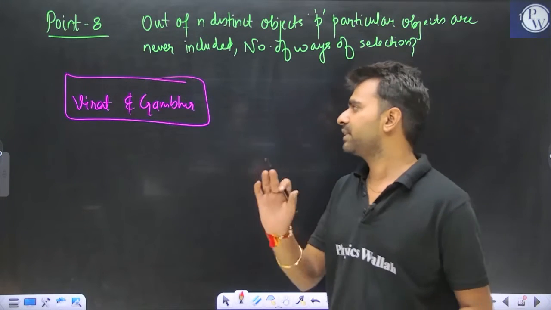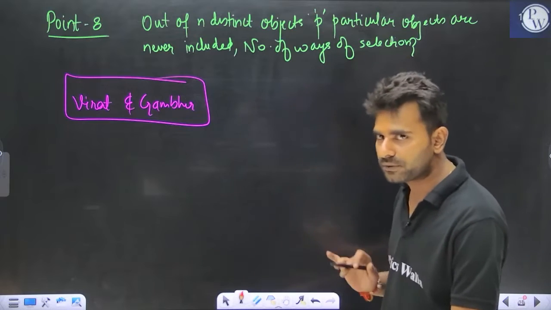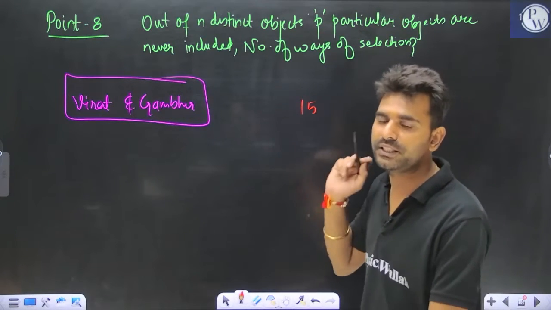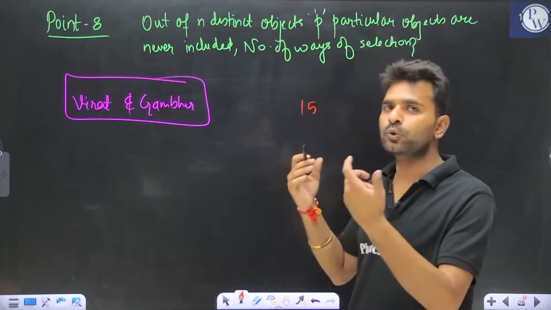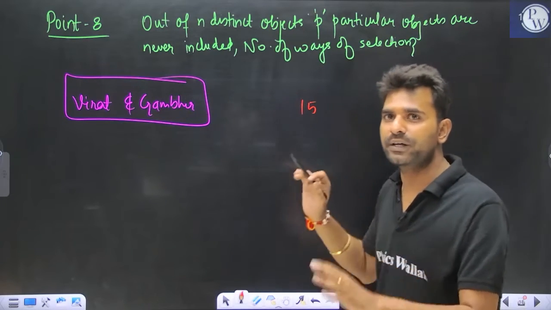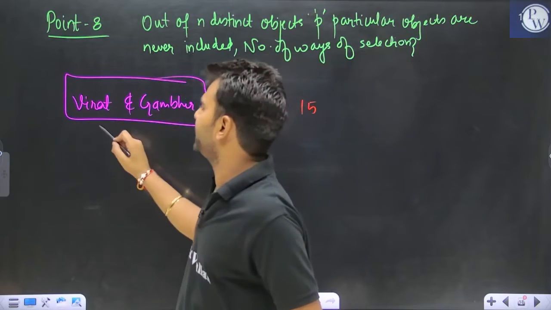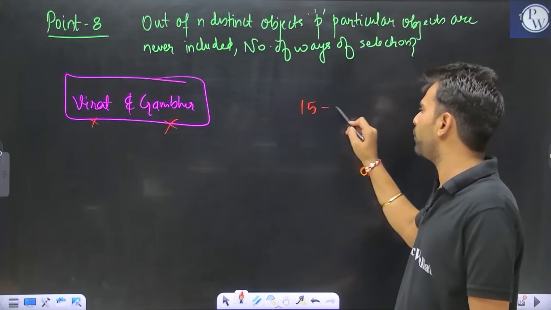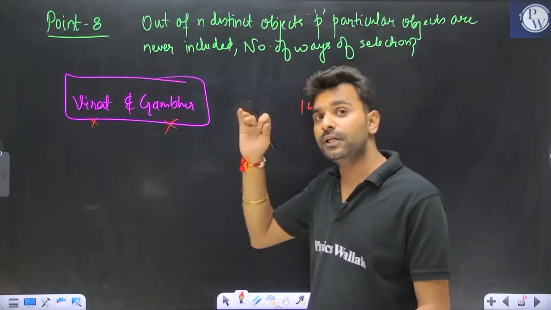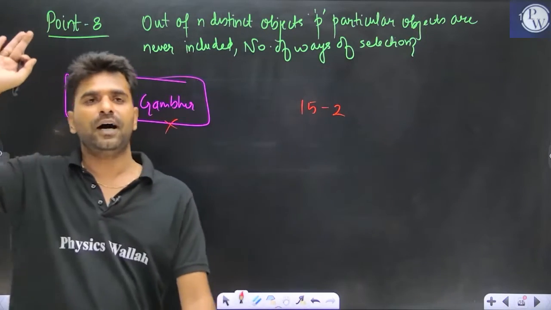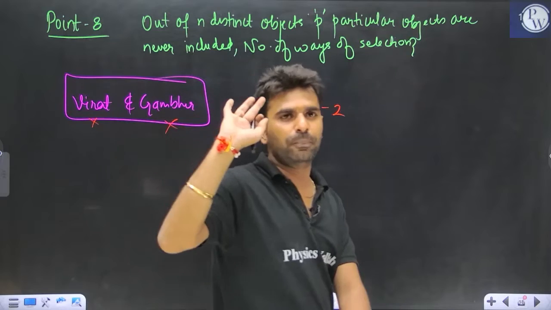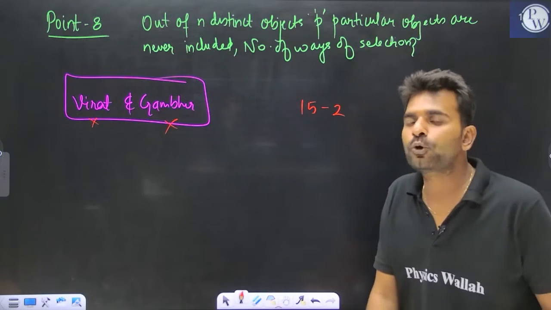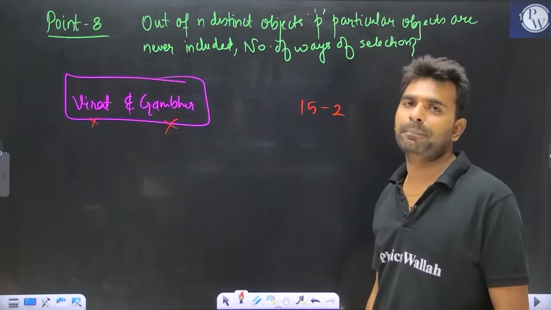Okay, so let's say this has happened. So now the team will be having a total of 15 members. Out of these, 2 particular objects are never included. That means the coach said that you guys will not be playing in the game. So these 2 guys are gone. Now out of the total 15, these 2 guys are removed. They will not be there in my playing 11. So how many people are left? 13. From those 13 people only I need to select my playing 11, yes or no?